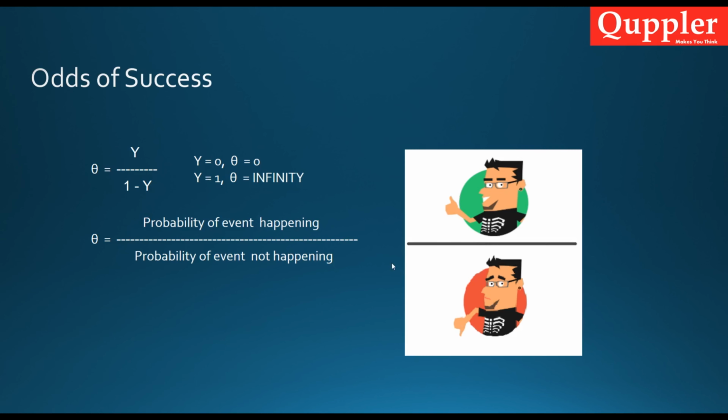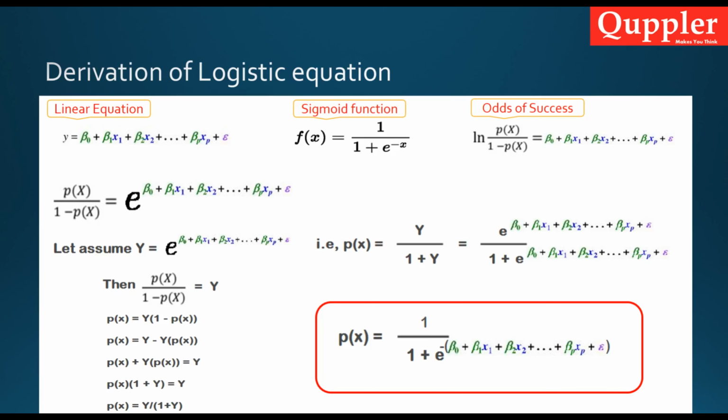Now we're going to move ahead and see how we can derive the logistic equation using the extension of the calculation of the odds of success, applying it on the equation of the straight line.